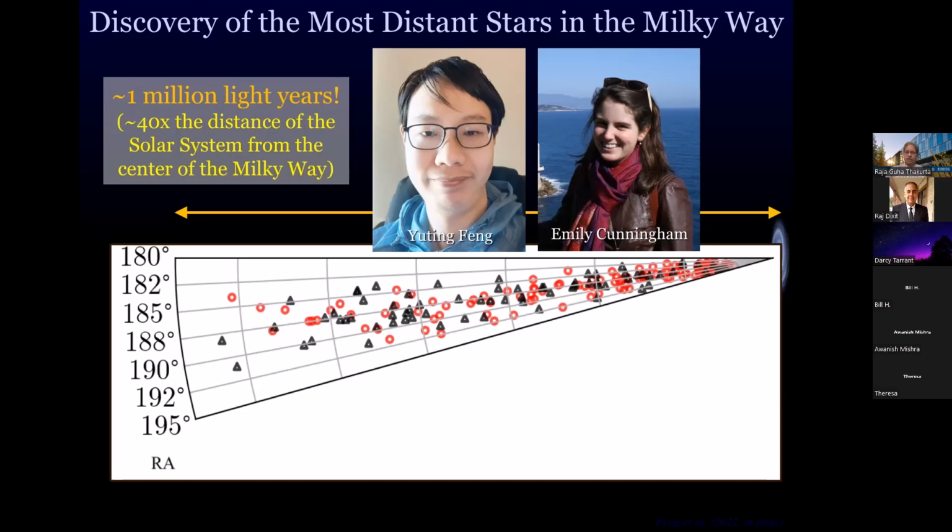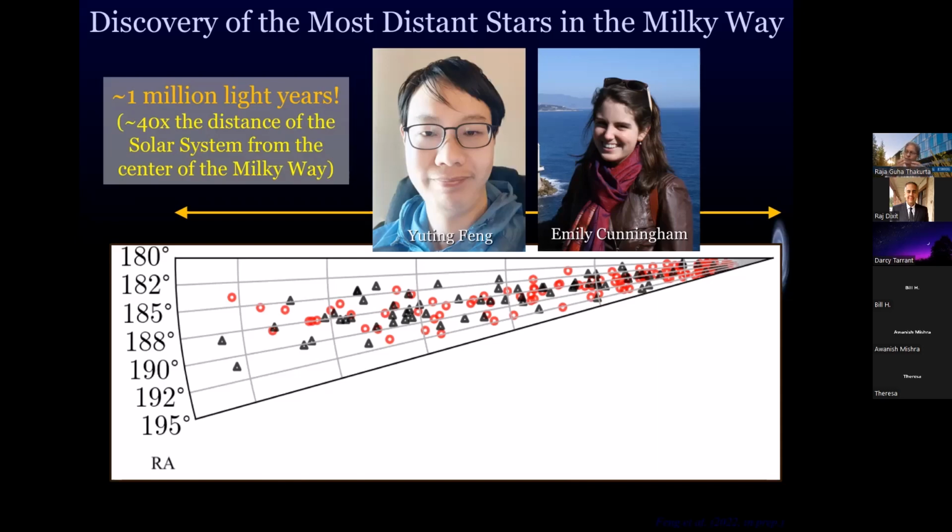Yuting is leading a poster at the American Astronomical Society meeting. The American Astronomical Society has 2 meetings a year. Their big meeting is in January, every year. It's the biggest professional astronomical society meeting in the world. This is going to happen in Seattle from January 8th to 12th.